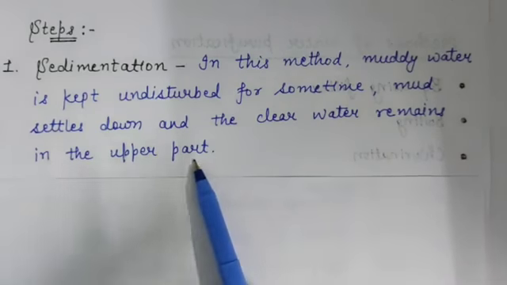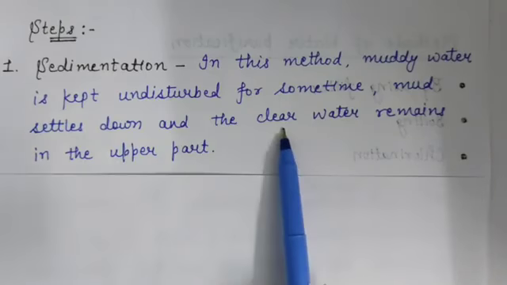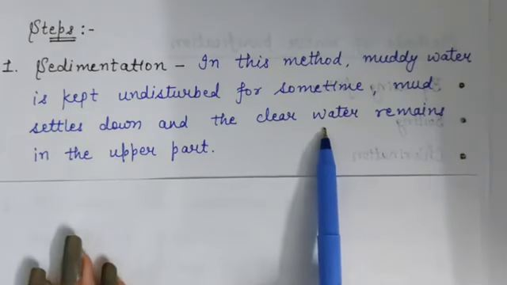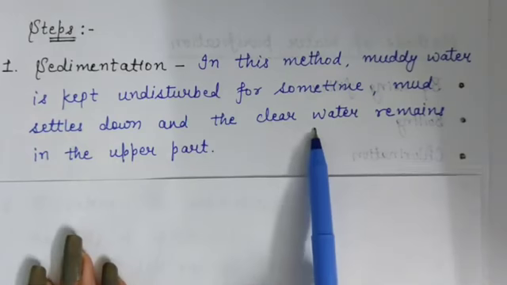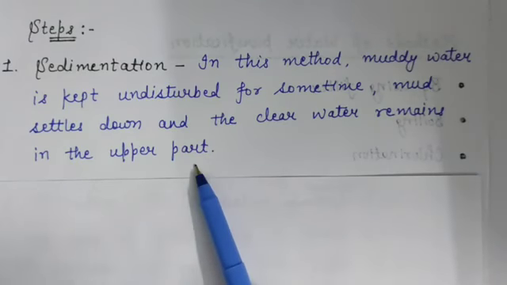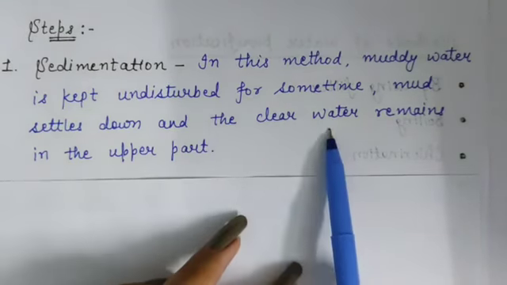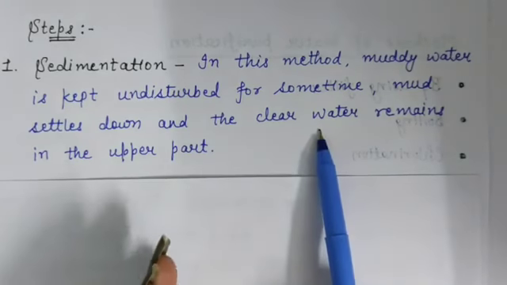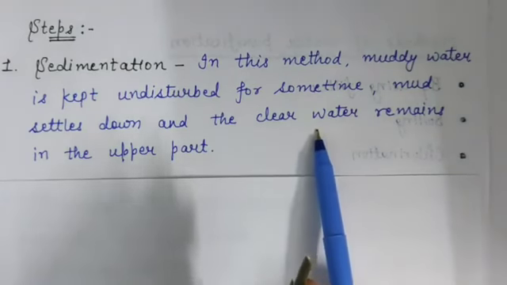Okay, clear water remains in the upper part. It means we can separate the clear water. Why? Because it is on the upper part now. So we can separate the clear water by pouring it into another container.